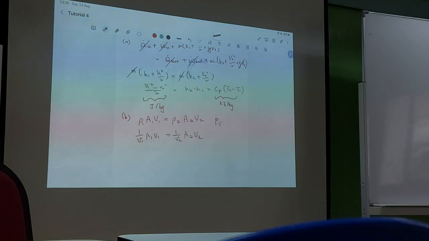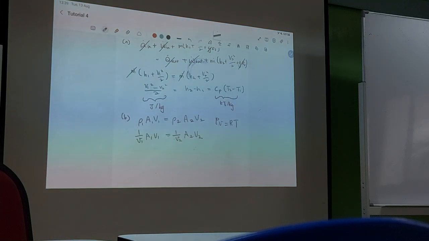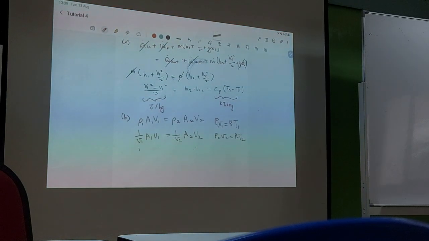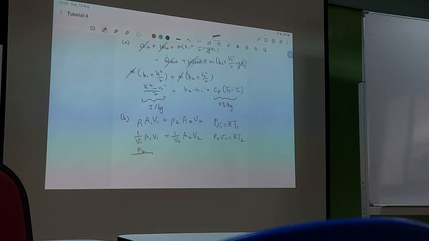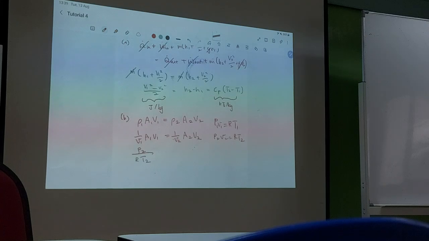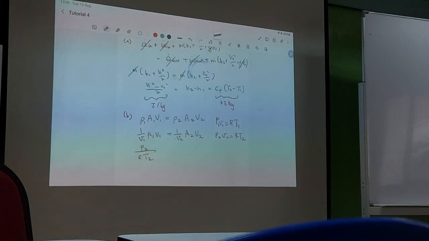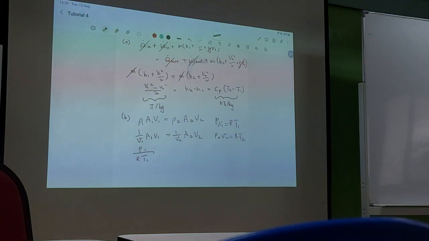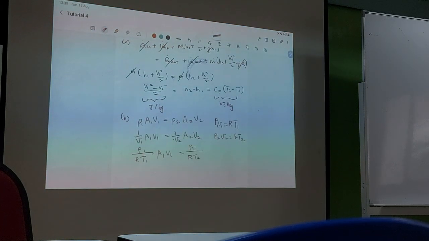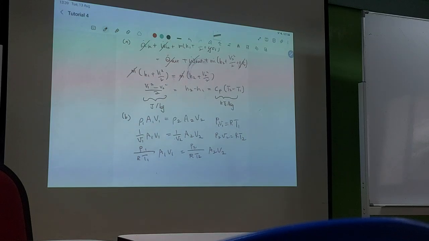So P1V1 equals RT1, and P2V2 equals RT2. Same thing, right? From here, if you move everything around, what you want is P2.